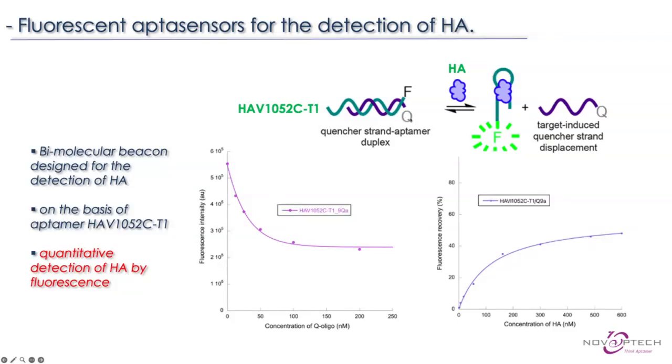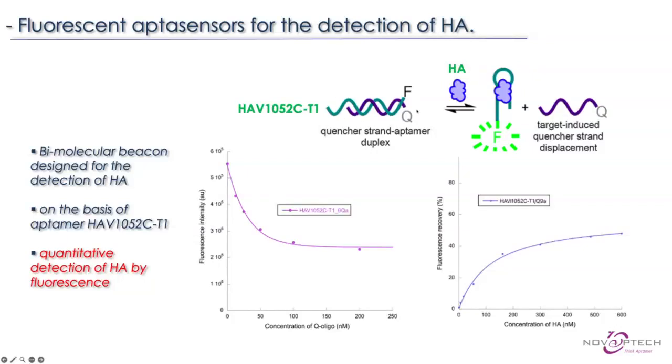The complementary oligonucleotide is conjugated to a quencher that brings this group next to the fluorophore conjugated at the end of the aptamer. The proximity between the two markers leads to an extinction of the signal.